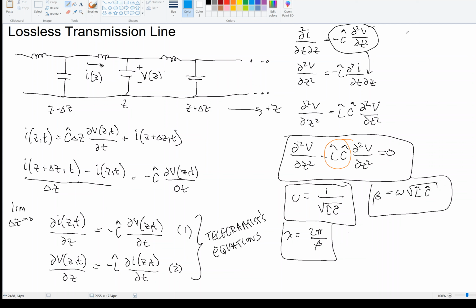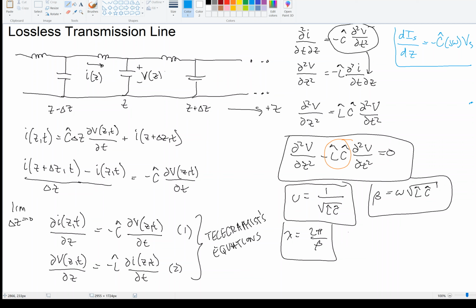We would have dI, I guess if we're assuming a time harmonic, then the time dependency would drop out. So we would have dIs. I'm writing this in the phasor domain now, times j omega Vs. Right, so this is what equation 1 would become if we assume a time harmonic dependence.